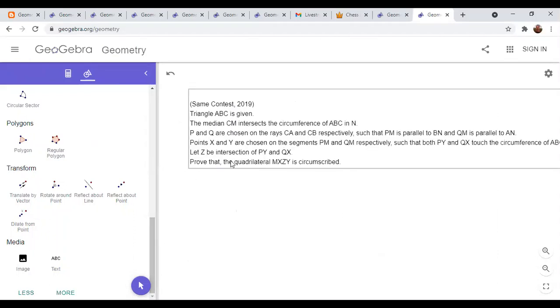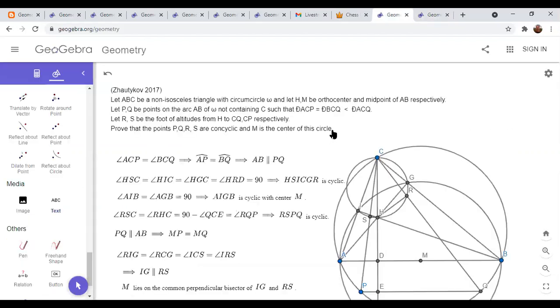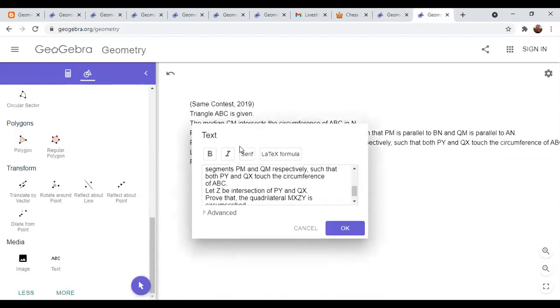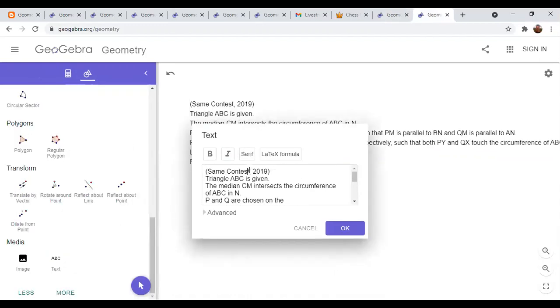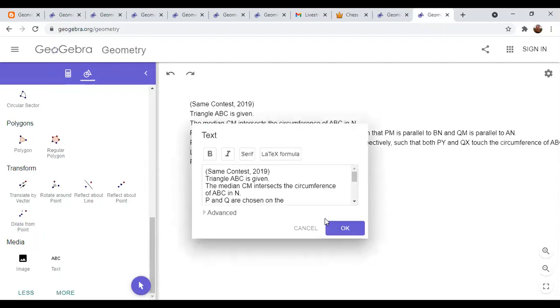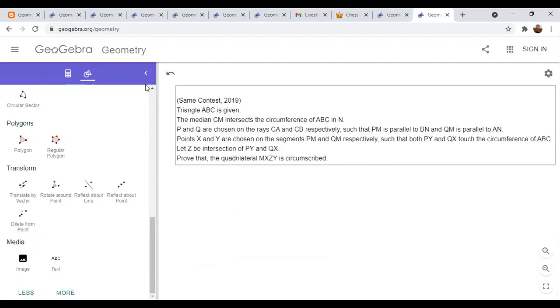There we go. Just going to copy it. All right. What the heck? Whatever. Same contest.